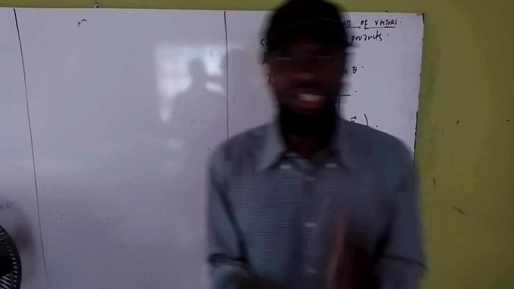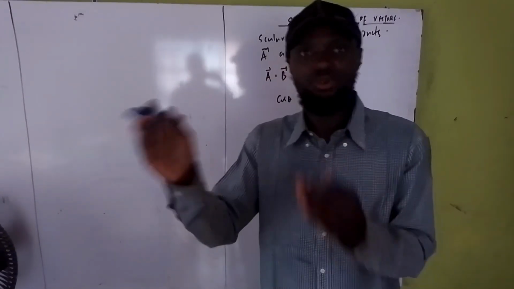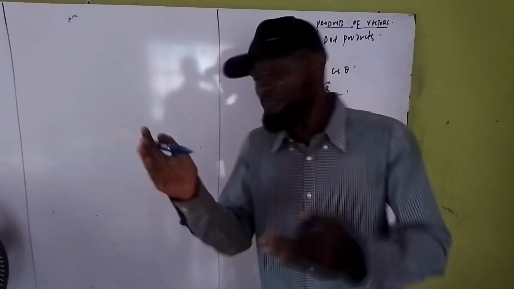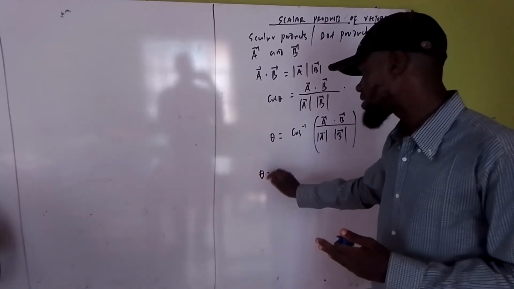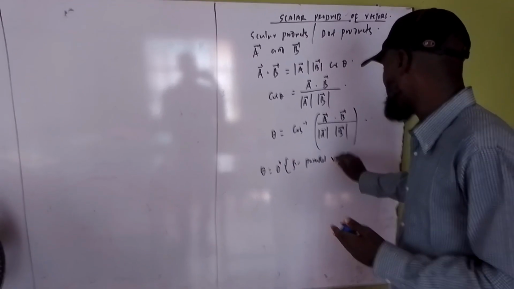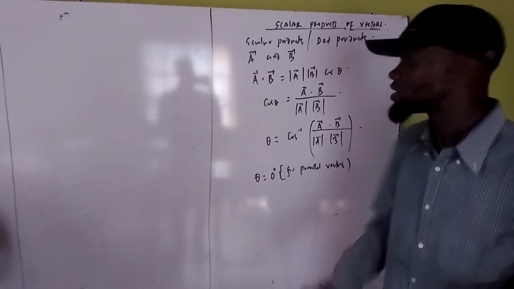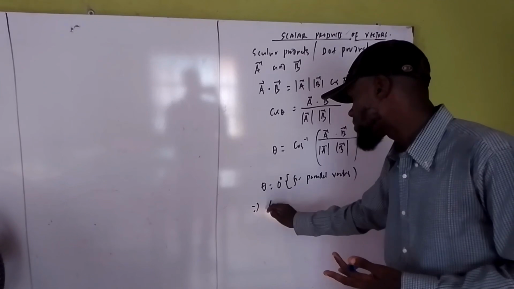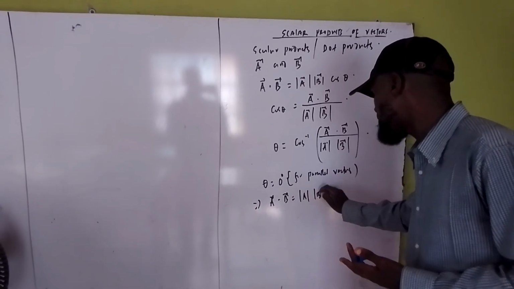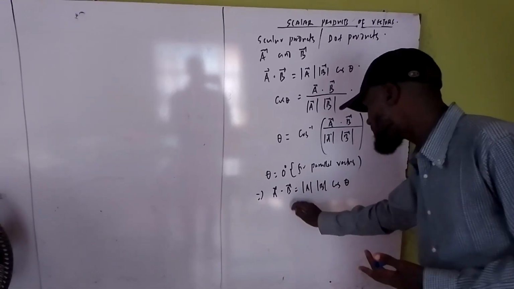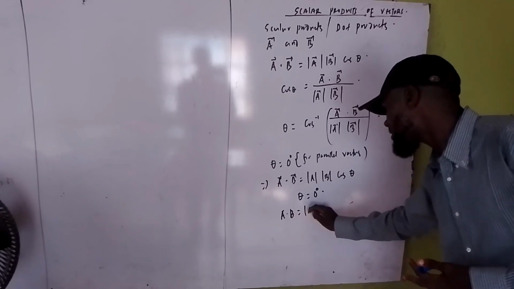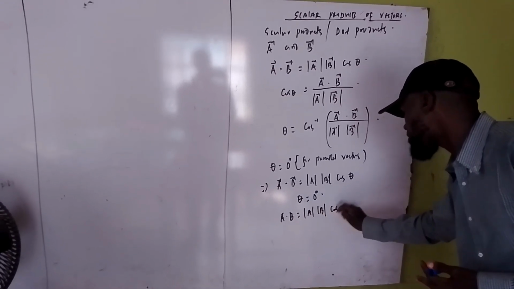Now, two vectors can be parallel to each other or perpendicular to each other. If two vectors are parallel, we can say theta equals 0 degree. That's for parallel vectors. If theta is 0 degree, this implies that we have A dot B equals magnitude of A, magnitude of B, cos theta, which gives A dot B equals magnitude of A, magnitude of B, cos 0 degree.